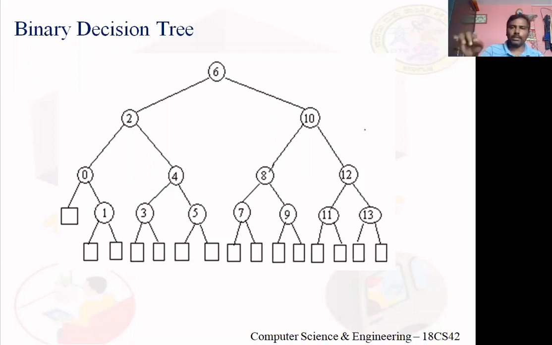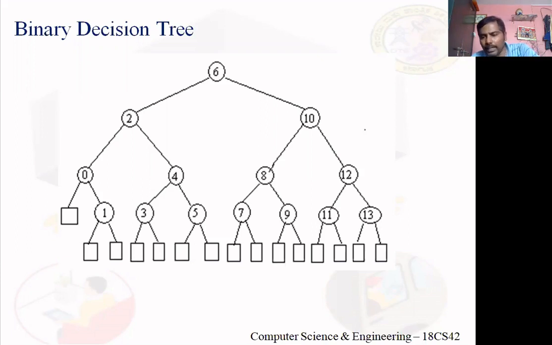All these existing node indices, I will circle. Those which do not exist are the rectangular nodes. For example, look at node 13. There are 2 child nodes with rectangular shape.